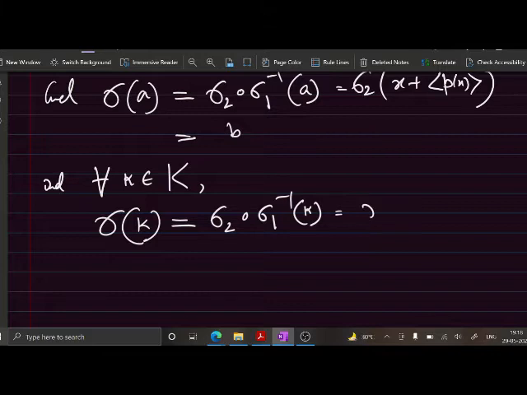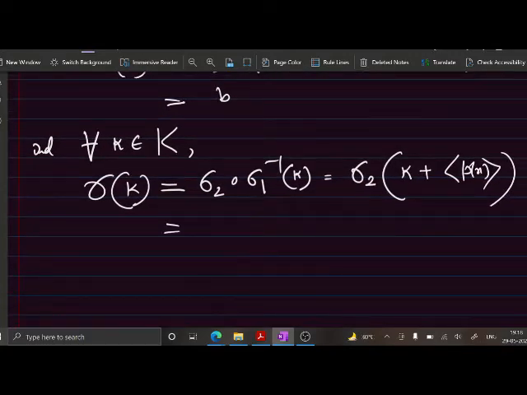Then it is sigma 2 of small k plus the ideal. This is a constant polynomial, so if you apply sigma 2 on this coset, it will again be small k.